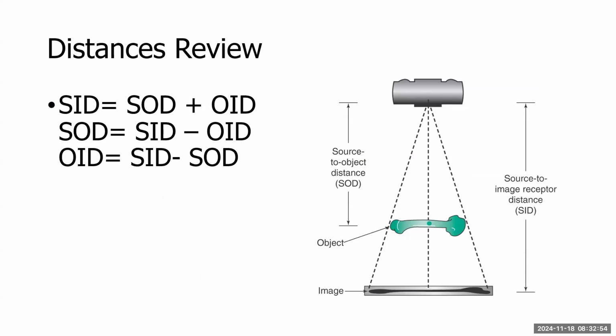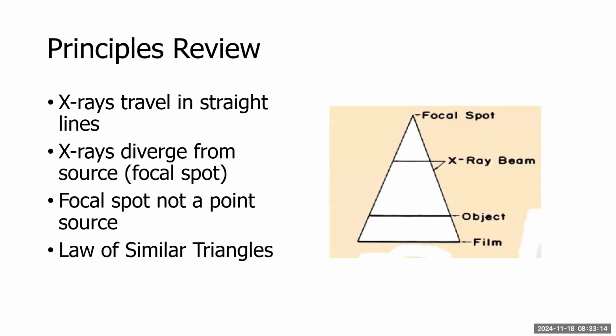So again, to review your distances, your SID, your source to image distance, is made up of your source to object distance and object to image distance. So SOD plus OID equals SID. You still have to remember that, because now we're going to talk about how those distances affect magnification of the image.